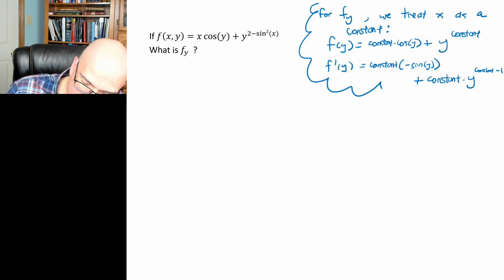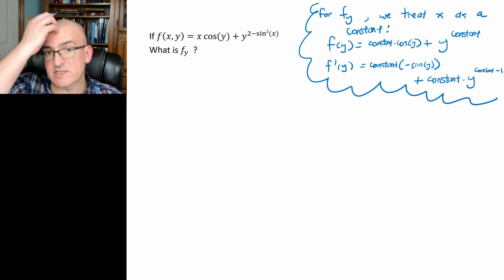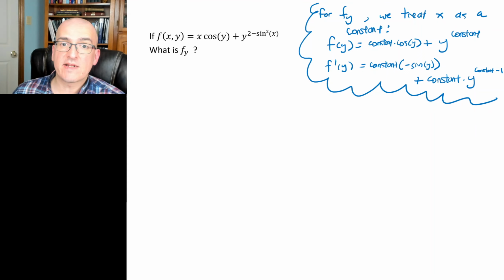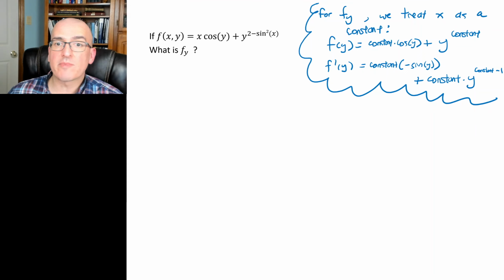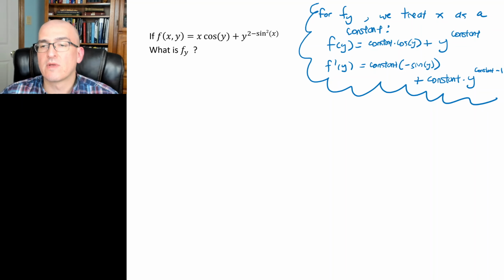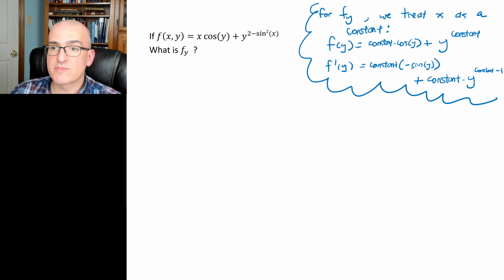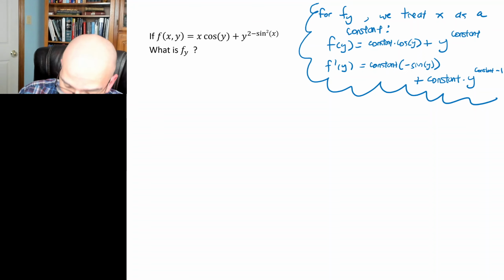So that's how you think about a derivative like this. When it gets complicated, when it gets messy, simplify. Make an analogy. I didn't even use a number for x. I just called it a constant. And then think about what you would do if that constant was a 7. How do you take the derivative of y to the 7? 7y to the 6. How do you take the derivative of a constant times any function? The constant times the derivative of that function. So we just use those rules extremely carefully.